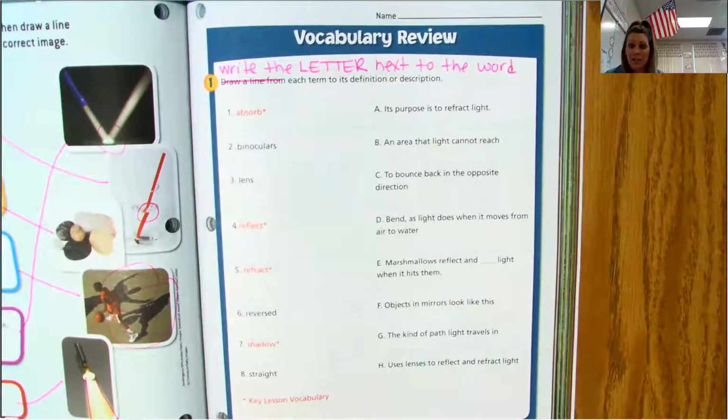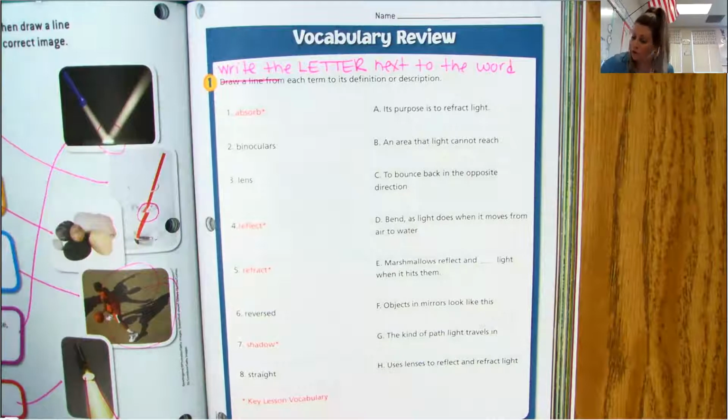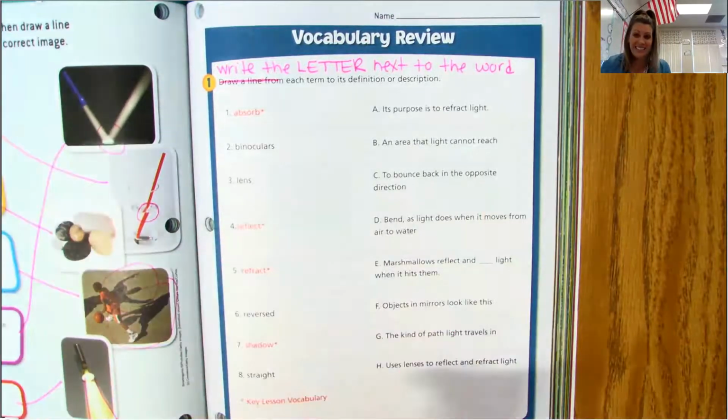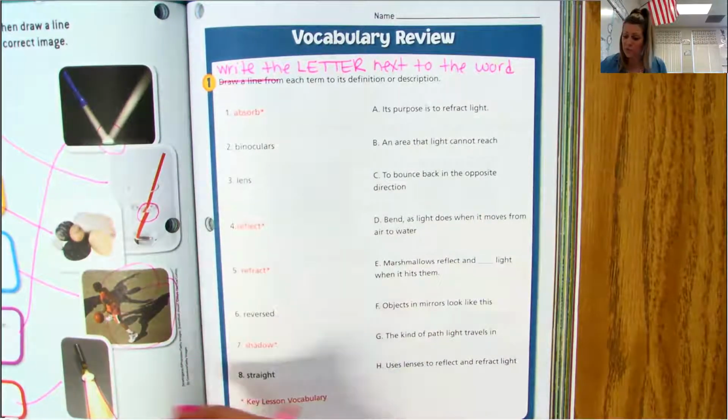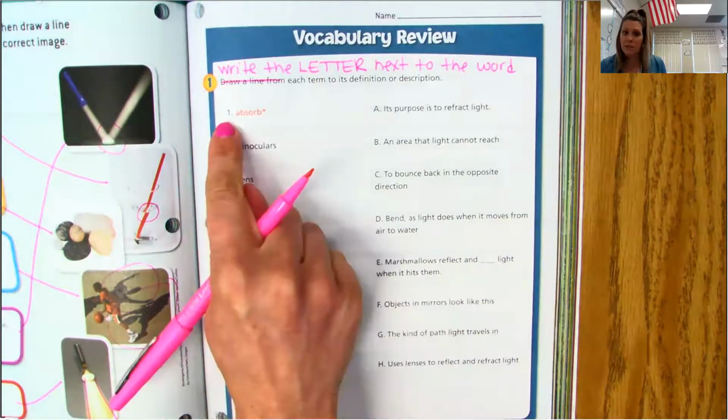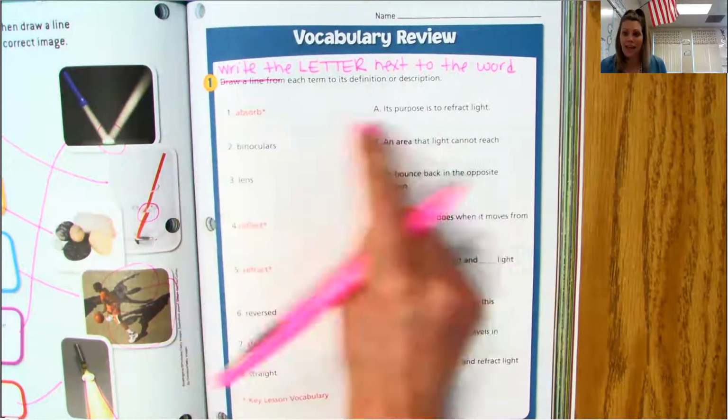That's going to make it easier for you to type it up. If you're drawing all your lines, it's going to be confusing, okay? So that doesn't mean one is A, okay?